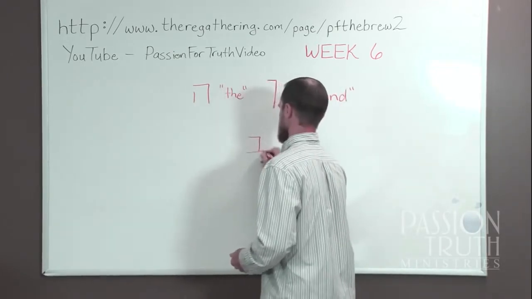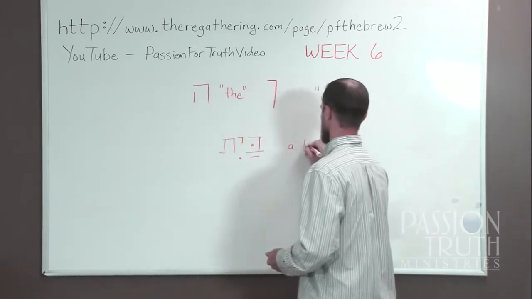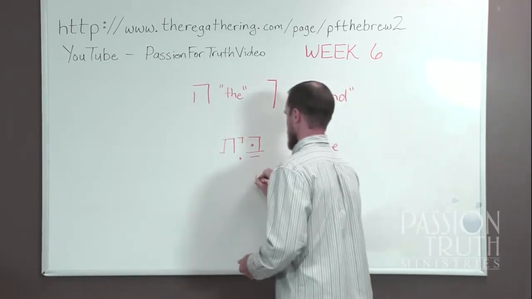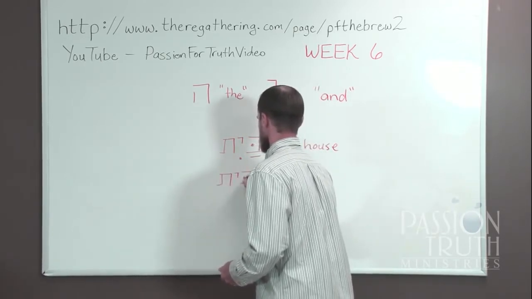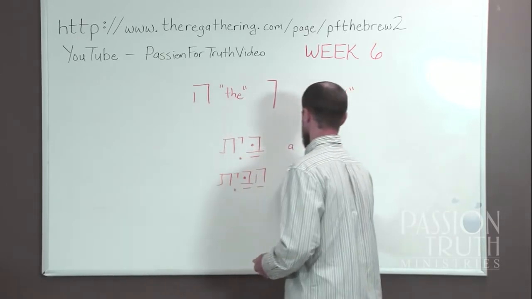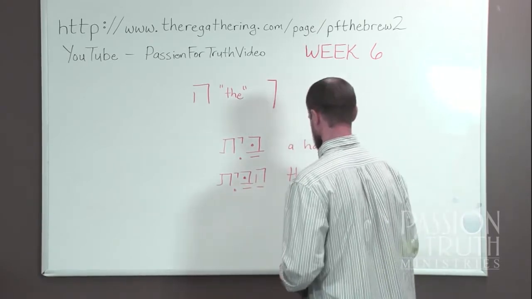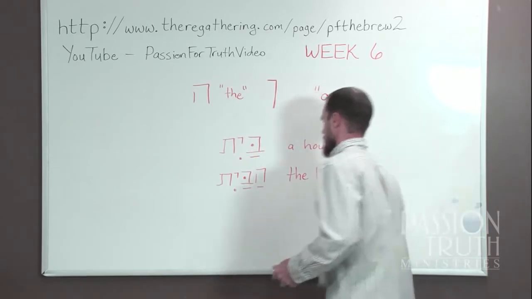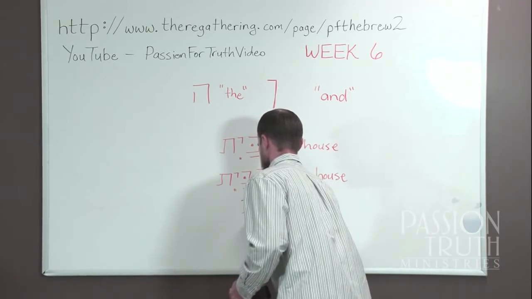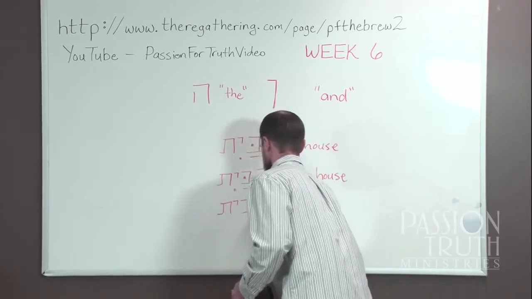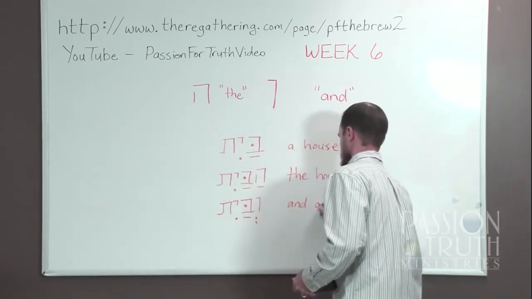Okay, so Bayit is a house. And Ha-Bayit is the house. If we were to say V-Bayit, it would be part of the phrase, and a house.